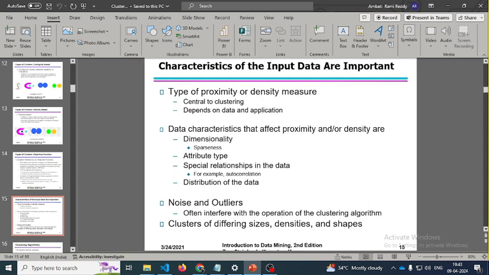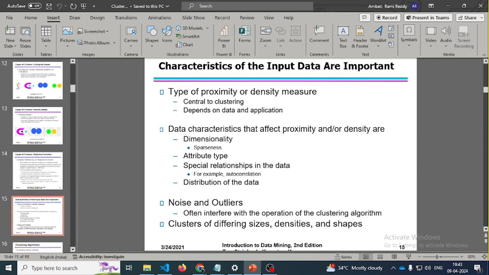The third one is you need to identify whether there is any noise or any outliers. For example, you have data points 1, 2, 3, 4 like that, but there is one point coming with 1 lakh value. All your data points are between 1 to 100, but one data point comes with 1 lakh or 10,000.